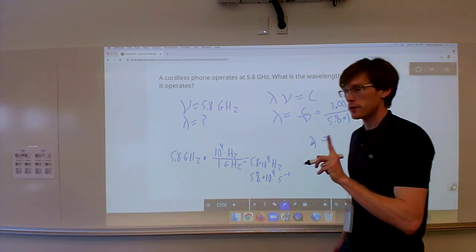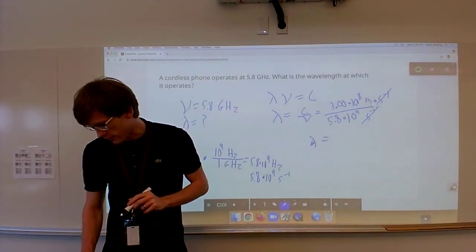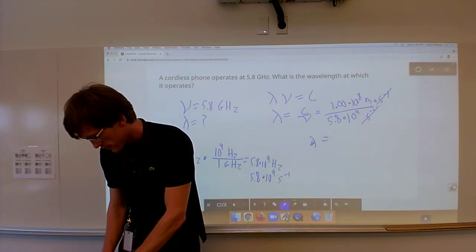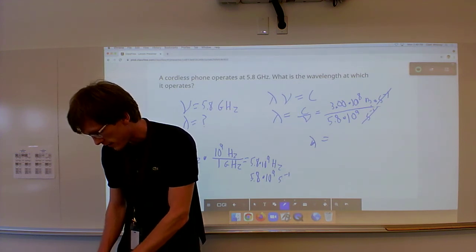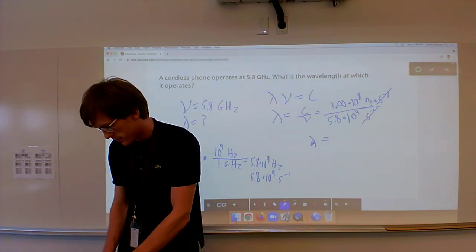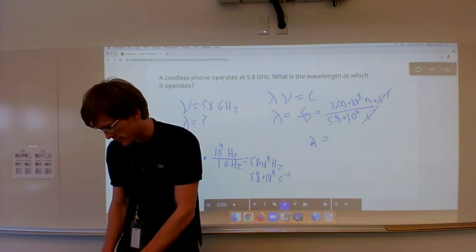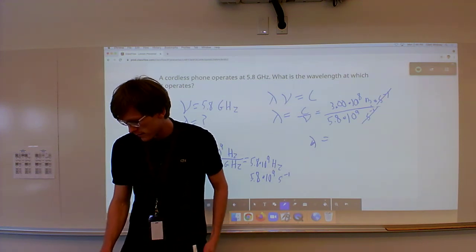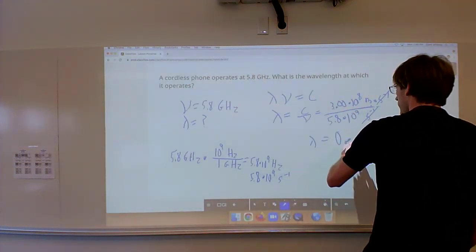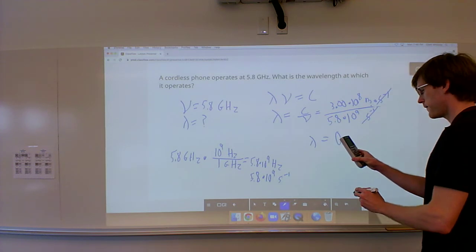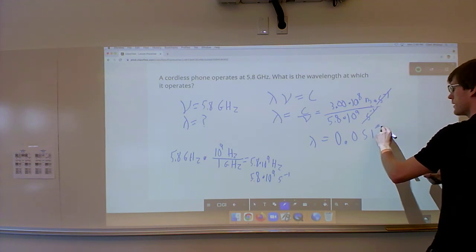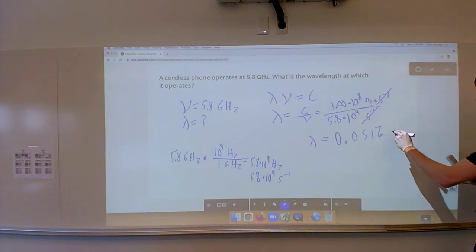lambda being equal to, if I go to my calculator here, 3 times 10 to the 8th divided by 5.8 times 10 to the 9th, and we end up with 0.0517 etc., meters.